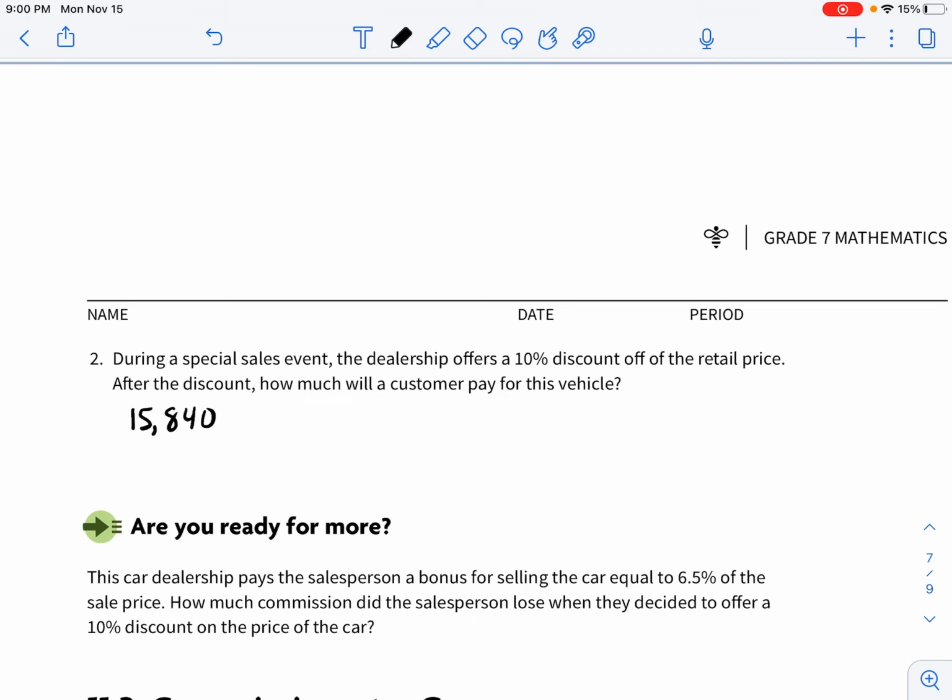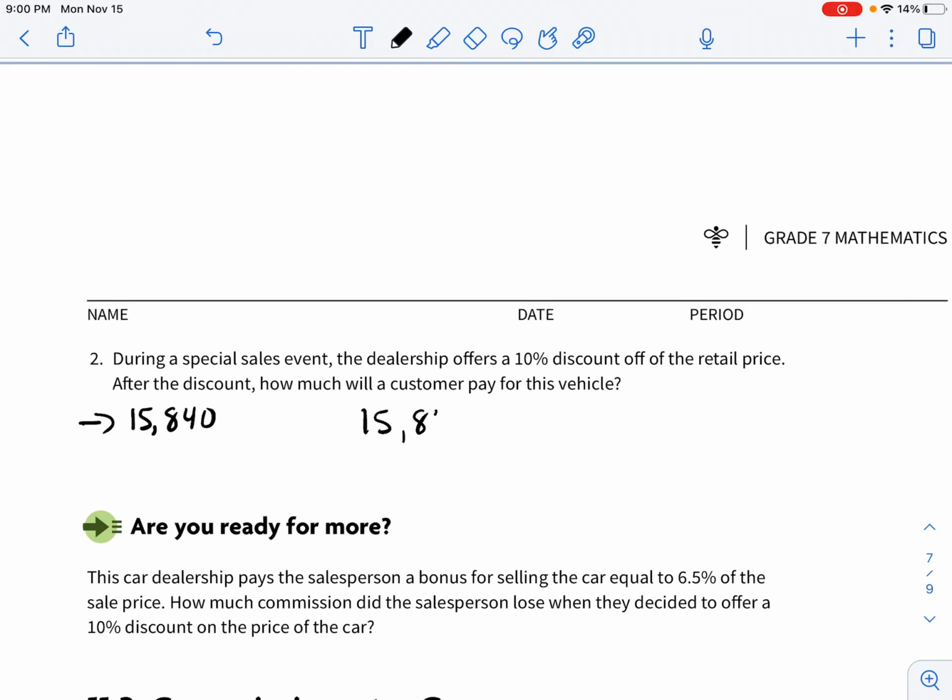It says during a special sales event, the dealership offers 10% discount off the retail price. So this is the retail price, not the wholesale price. Wholesale is what they pay for it. Retail is what somebody comes in and buys it for. So after the discount, how much will the customer pay for the vehicle? So if it's a decrease of 10%, you're paying 90% of that 15,840.